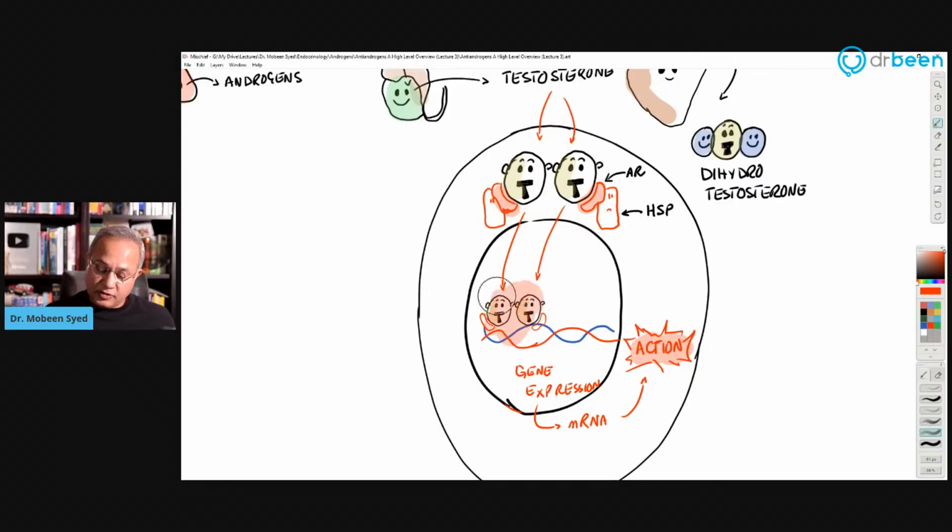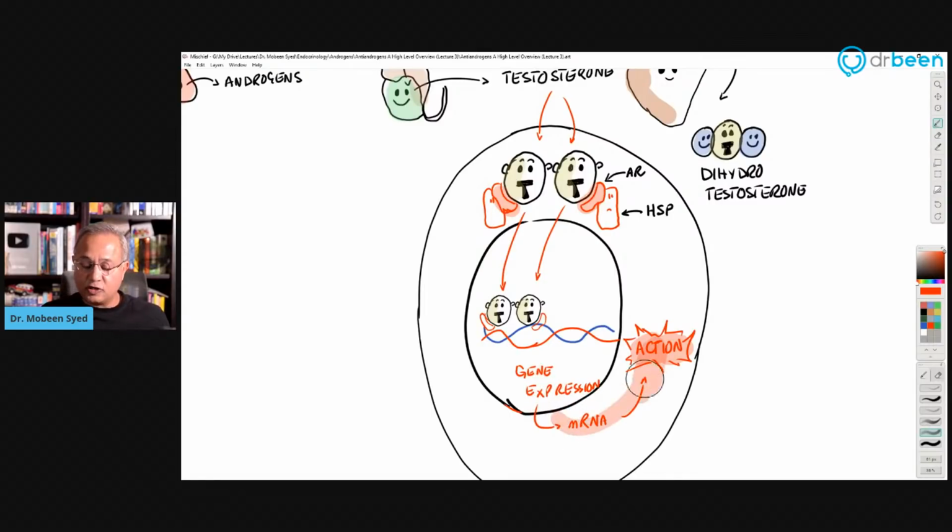Once it is inside the nucleus, this dimer, meaning two of them, will then bind to the genes with the androgen receptor elements, or AREs. Once that binding occurs and the gene expression occurs, that makes messenger RNA.